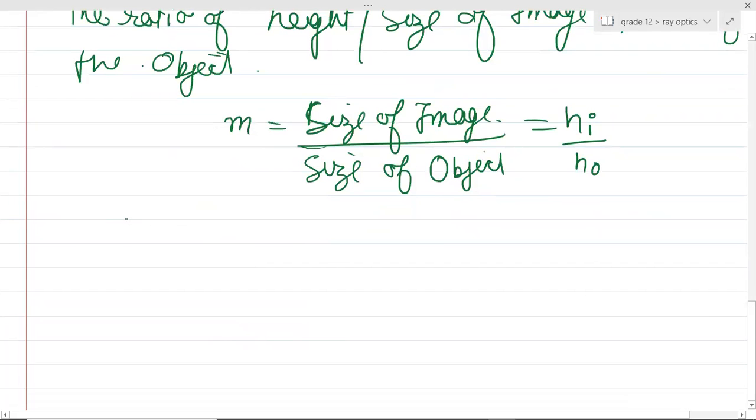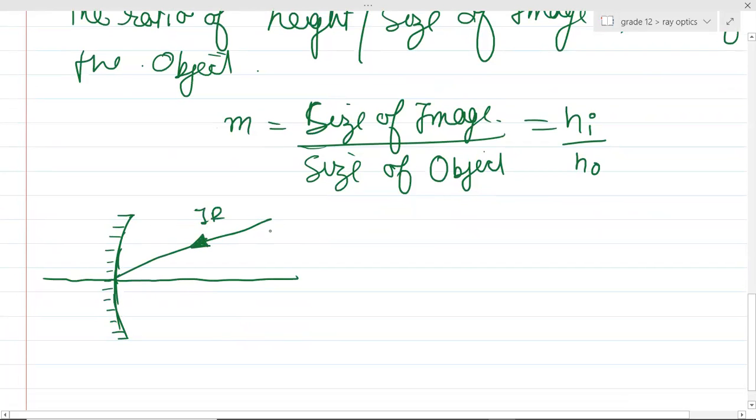Let's say I'll try to use the sign convention as well. Till now, whatever mirrors you have seen, the ray is always coming from left. No, I don't want the ray coming from left. Let's take the ray coming from right. So let us say this is your incident ray, and this is where the object is placed. Object is OA.